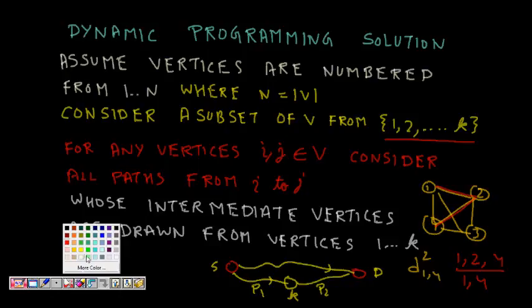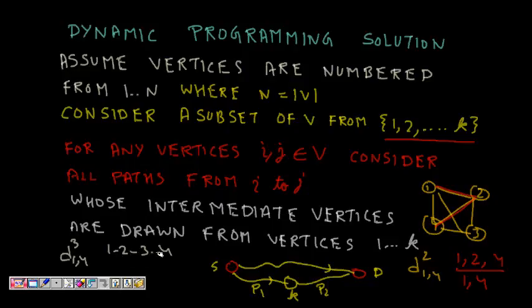Another thing we can do is D3(1, 4). Here it means I can choose intermediate nodes 1, 2, 3, all of them. So I can have 1, 2, 3, 4 as one path, then 1, 2, 4 is another path, and 1, 4 is another path.